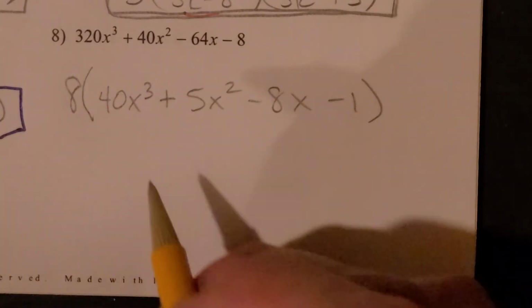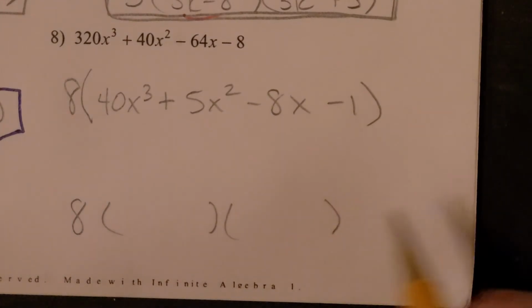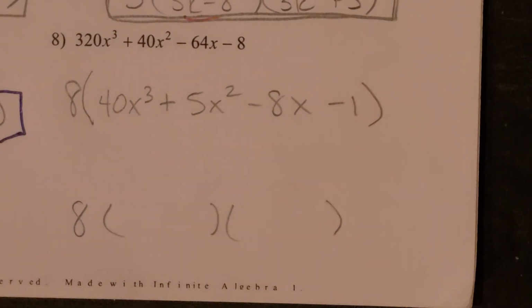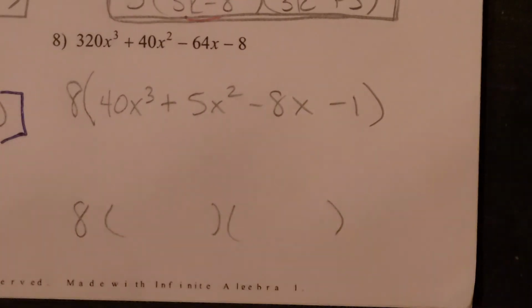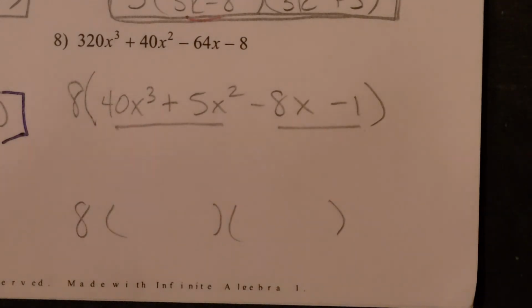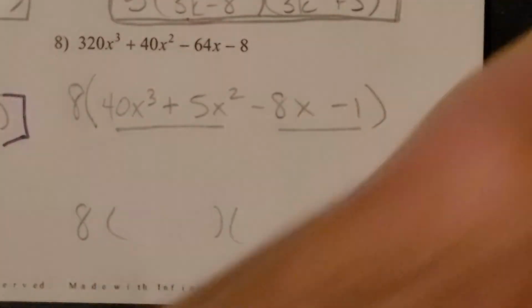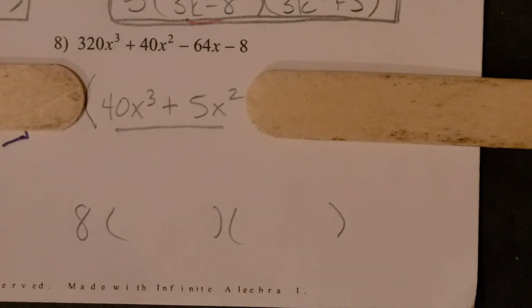All right, so now, right now, I know my final answer is going to look something like this. It's going to have an 8 in front, and then it's hopefully going to have these 2 sets of parentheses. Okay? So now I'm going to split this up here. All right, so let's ignore the 8 and let's ignore the last 2 terms, and we're just looking here.